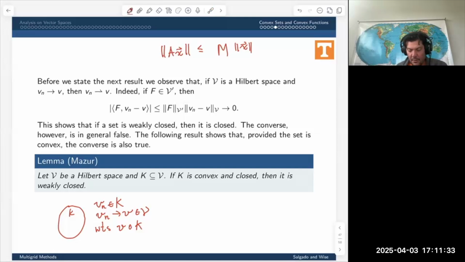Since strong convergence implies weak convergence, we know that Vn converges weakly to V. But since we're assuming that it's weakly closed, V must be in K because we assumed it's weakly closed. But that means that the limit point of this sequence, the strong limit point, is always going to be in K. So that means that K is closed.